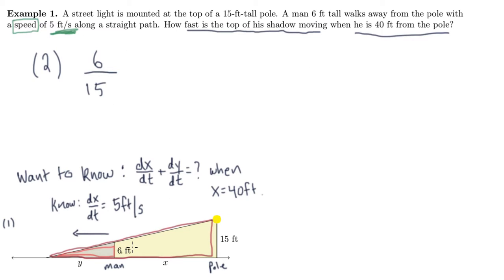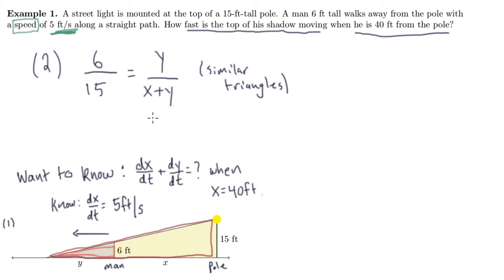So this side is to this side as, well, I go back to this triangle, y is to this whole length of the big triangle, which is x plus y. Okay, and again, that's just using similar triangles.